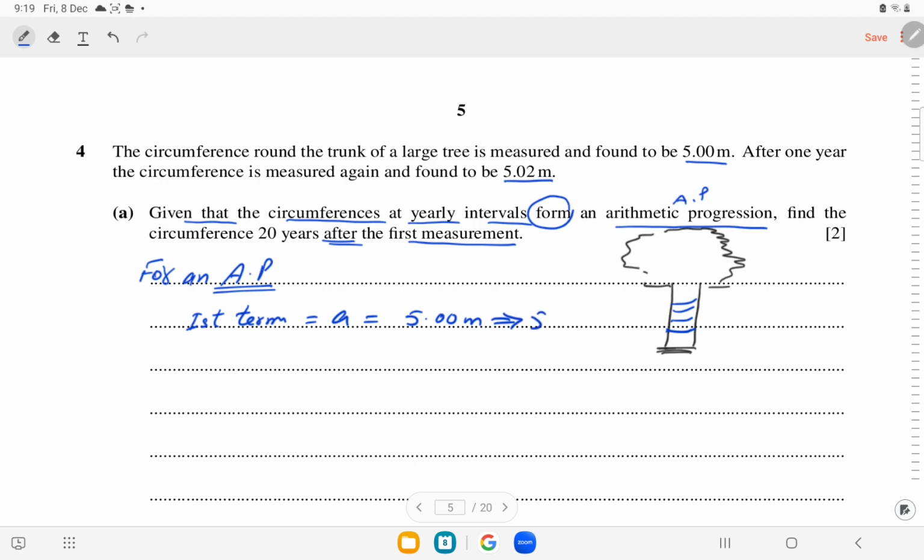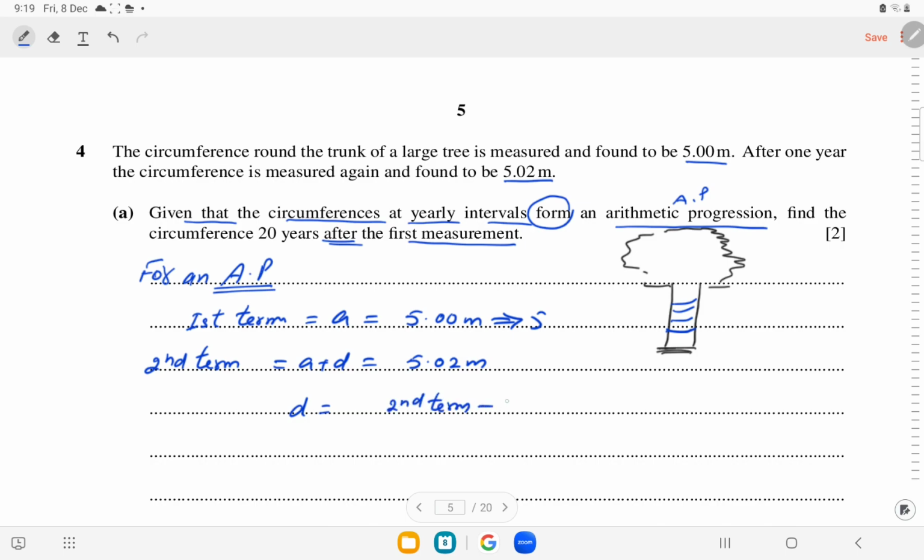And after 1 year, this means the next term, the second term, in AP is a plus d, that's given to be 5.02 meter, right? So d is the common difference, so d can be evaluated by subtracting the first term from the second.